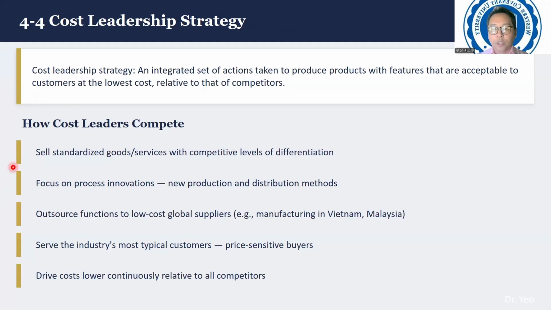Cost leaders don't make bad products. Cost leader does not mean they want to make really bad quality products. They make products that meet customers' minimal acceptable standards.